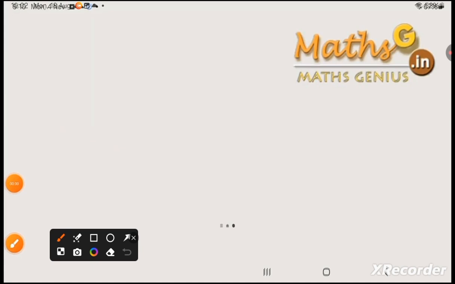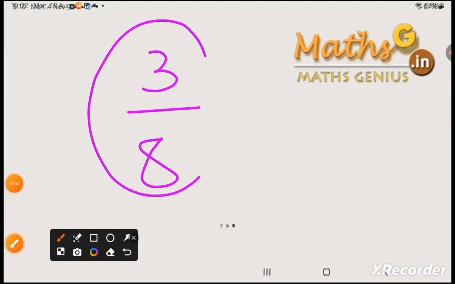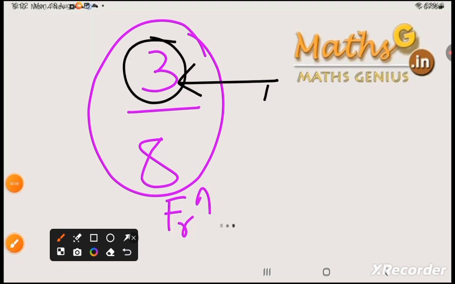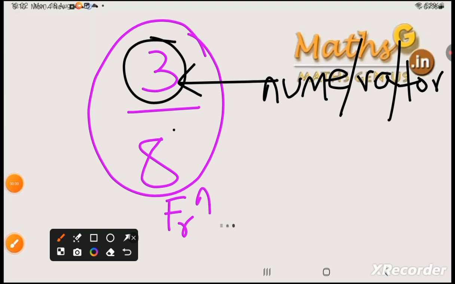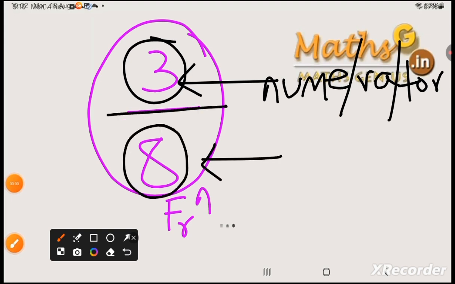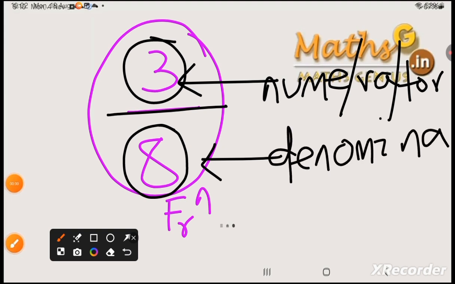Now, when we write a fraction, let's say 3 by 8, the whole thing is a fraction, but different parts of it have names. The upper part is called the numerator. The part below the line is known as the denominator.